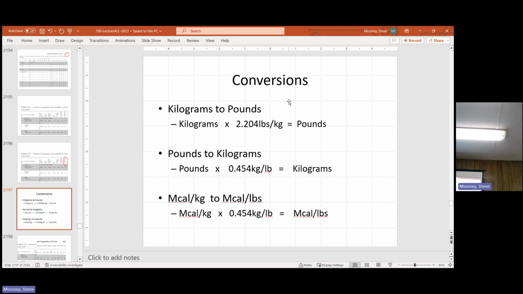So that has to do, if you're looking at the equation, with kilograms being on the bottom, and then we want to have megacalories per pound at the end, so the kilograms cancel out, and that's how we get from one to the other.